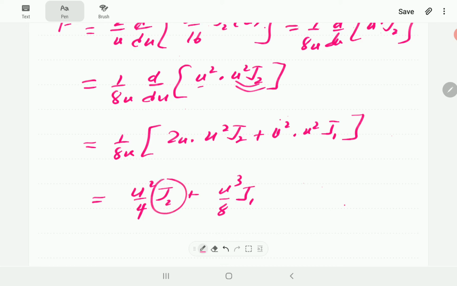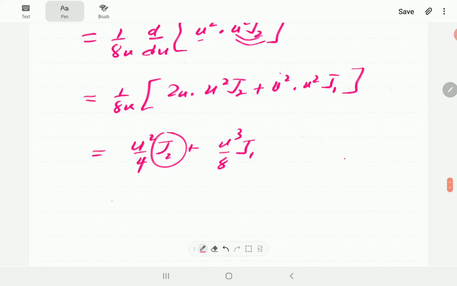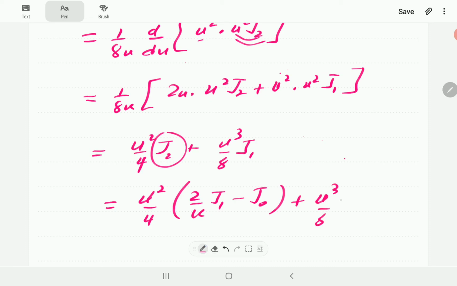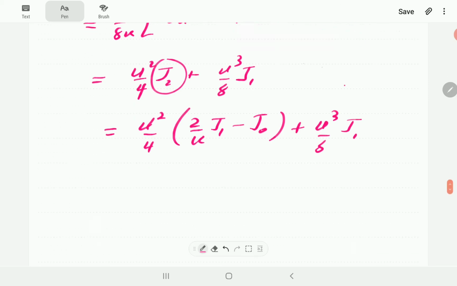Then this we need to rewrite in terms of J1 and J0. I think we already know by now. That's going to be 2 over u J1 minus J0, and then plus u cubed over 8 J1.